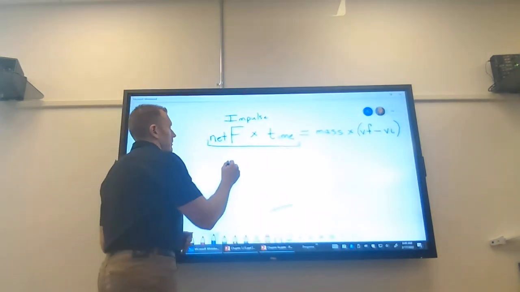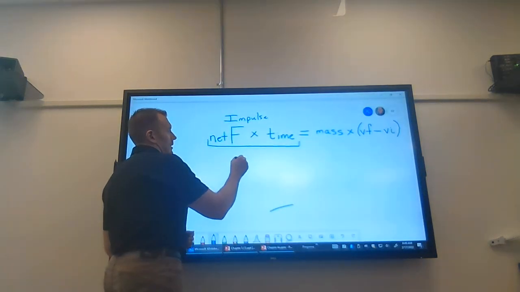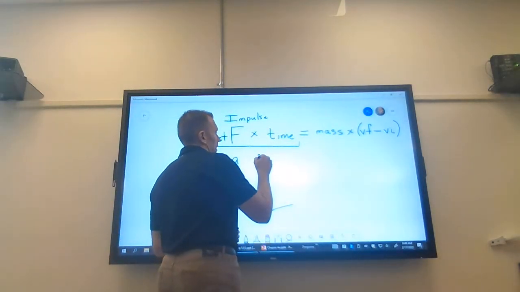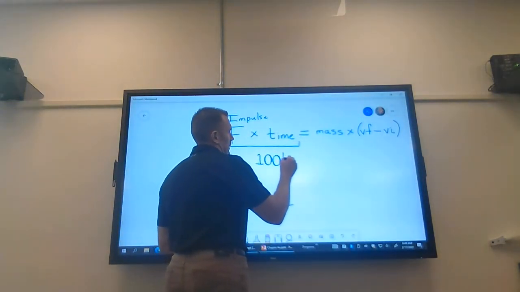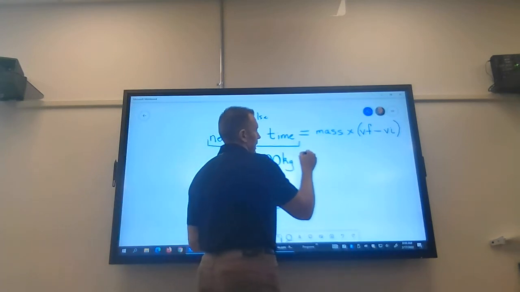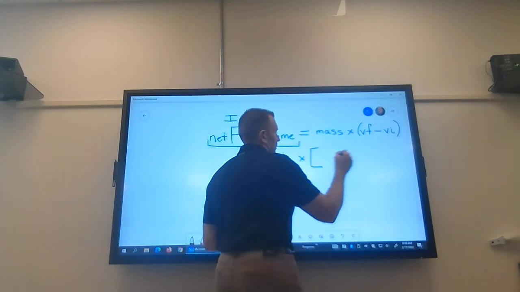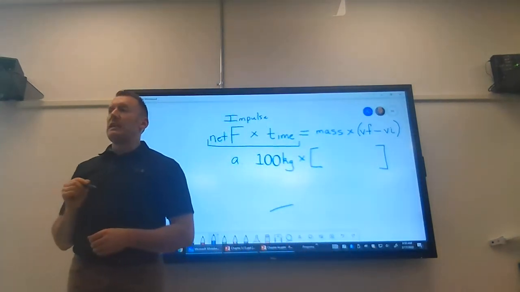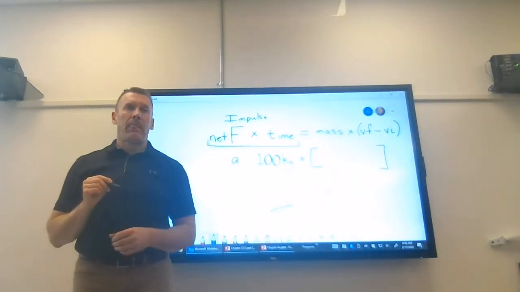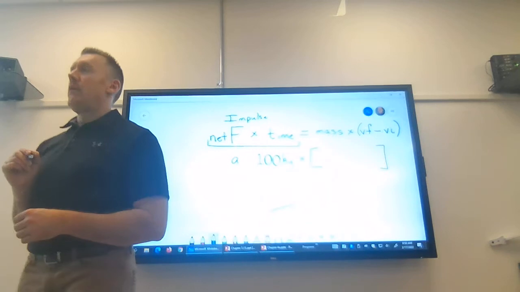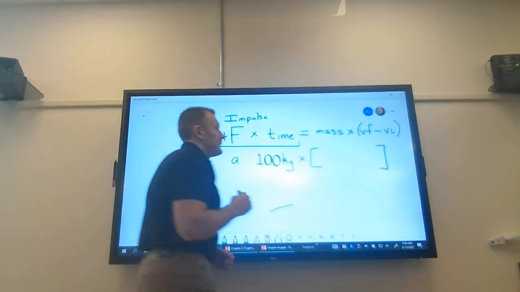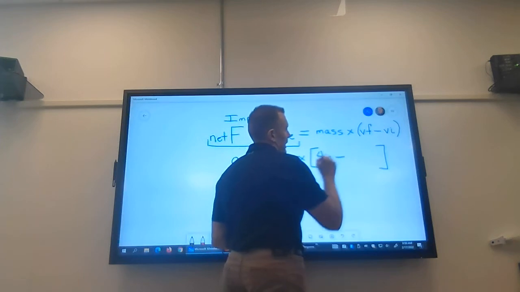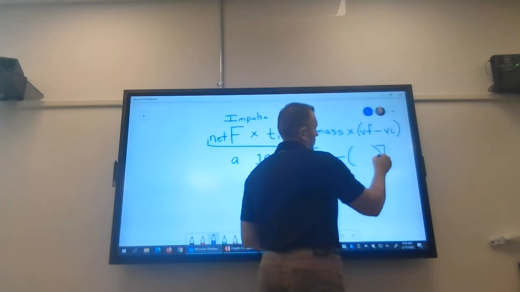So for question A, we're going to take mass, which is 100 kilograms, and we're going to multiply that by the change in velocity. So what was VF? Remind me. Yep, it's 4 meters per second minus VI.